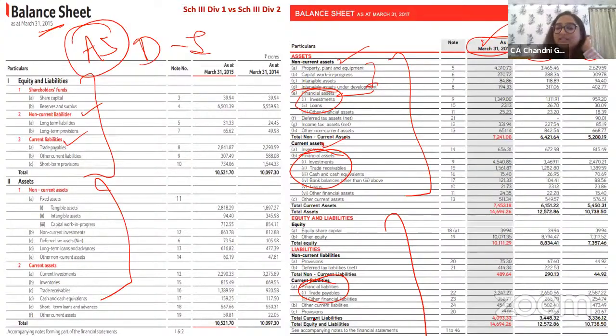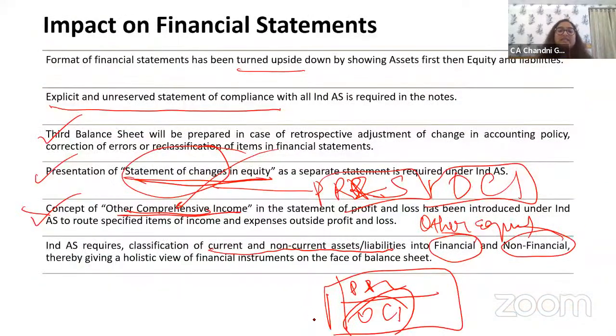So in Ind AS, assets and liabilities are bifurcated into financial and non-financial assets and liabilities. Why? Because the treatment of financial assets and liabilities is slightly different. There are disclosures associated with these items which are required in the notes to the financial statements.